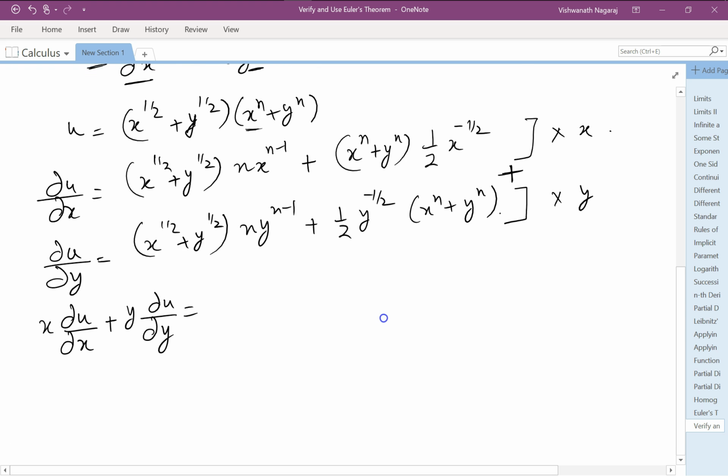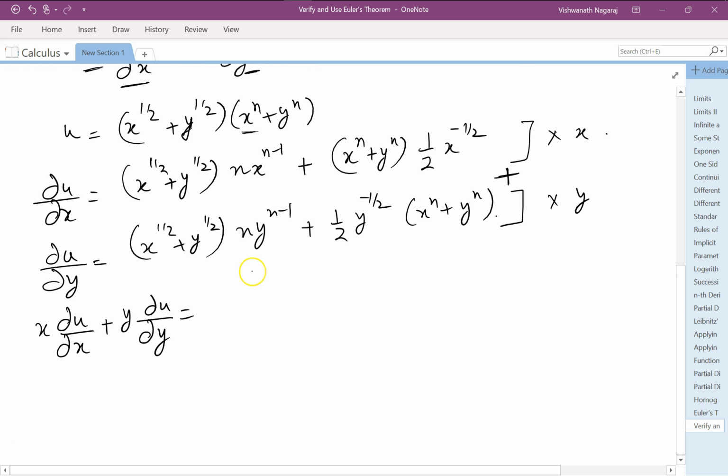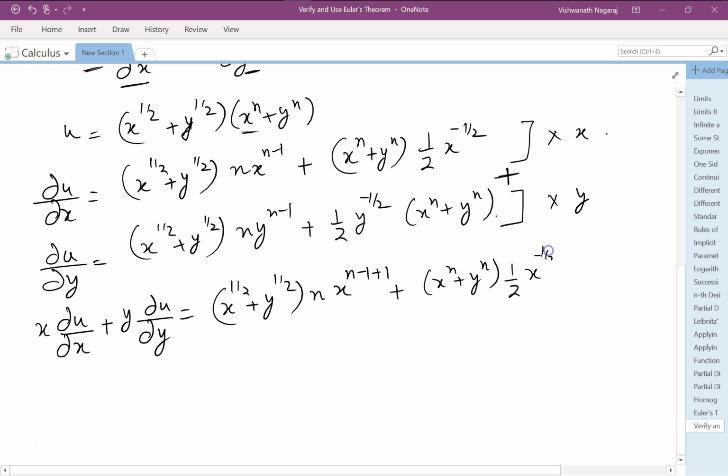Now remember we are going to multiply x with dou u by dou x. So x to the power of half plus y to the power of half times n x to the power of n minus 1, since we are multiplying by x it becomes n x to the power of n, plus x to the power of n plus y to the power of n times half x to the power of minus half, multiplying with x so plus 1.